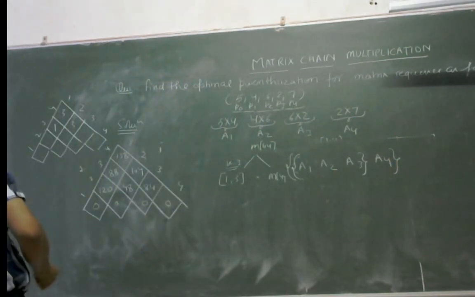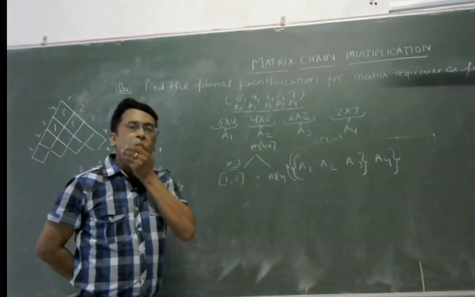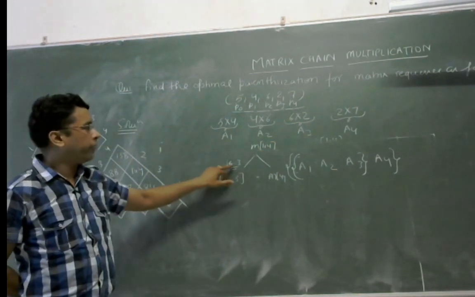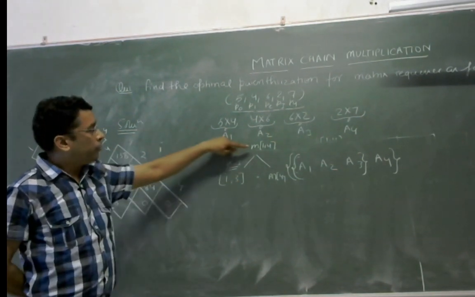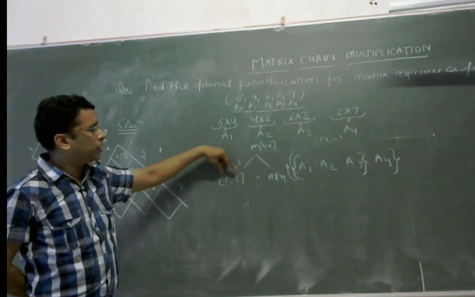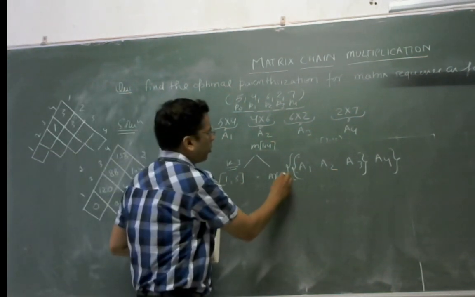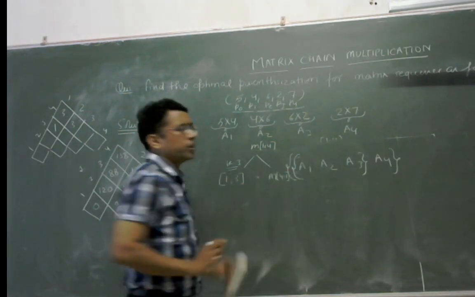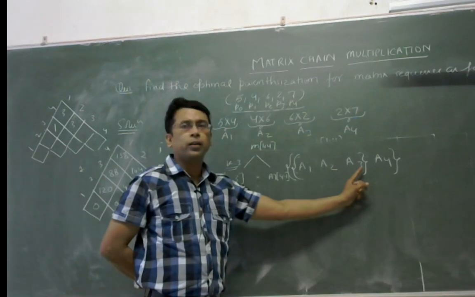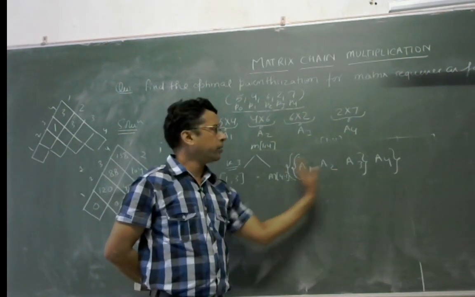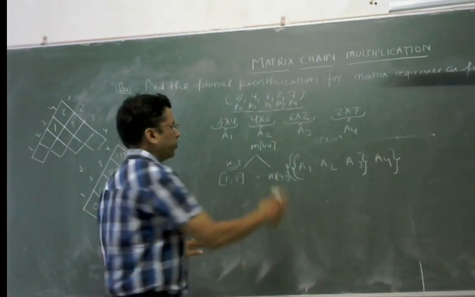So for M14 we got the optimal result when k was 3, partitioning into two sets, M13 and M44, where 1 to 3 are in one set and their product is multiplied by A4.